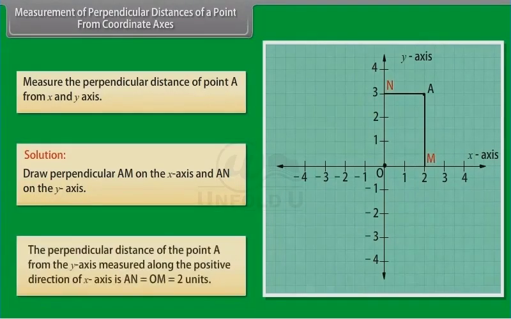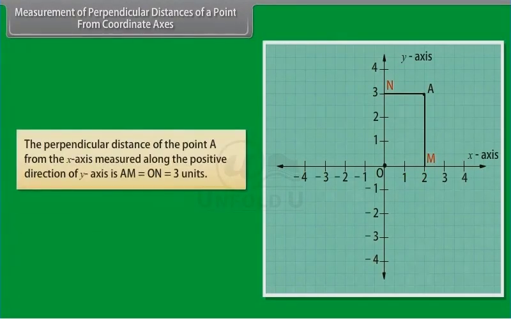We can see that the perpendicular distance of the point A from the y-axis measured along the positive direction of the x-axis is AN = OM, which is equal to 2 units. And the perpendicular distance of the point A from the x-axis measured along the positive direction of the y-axis is AM = ON, which is equal to 3 units.